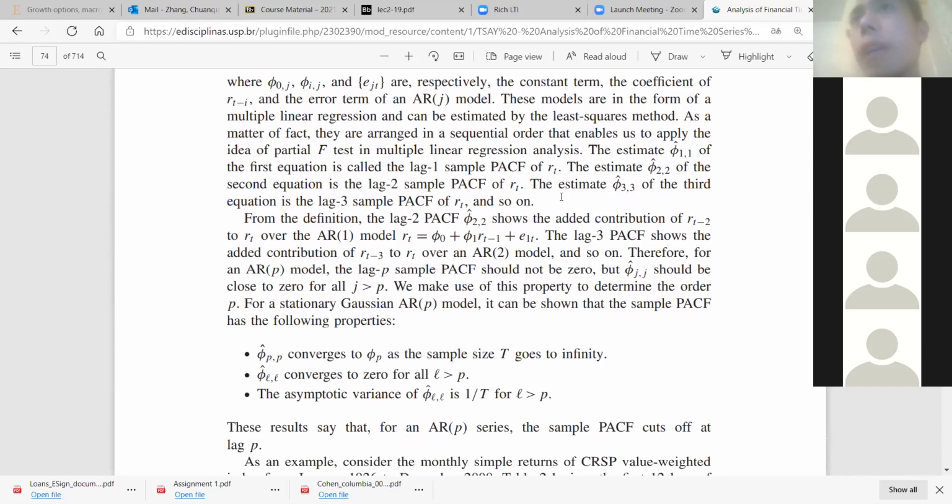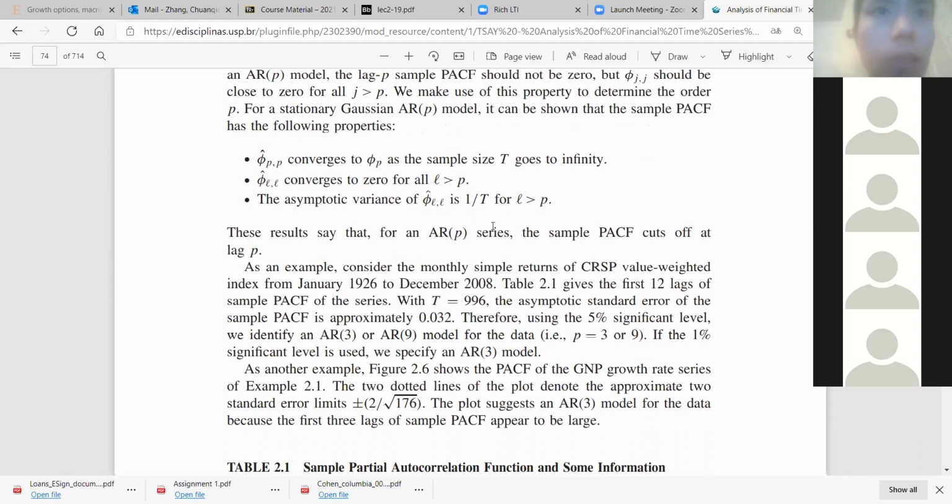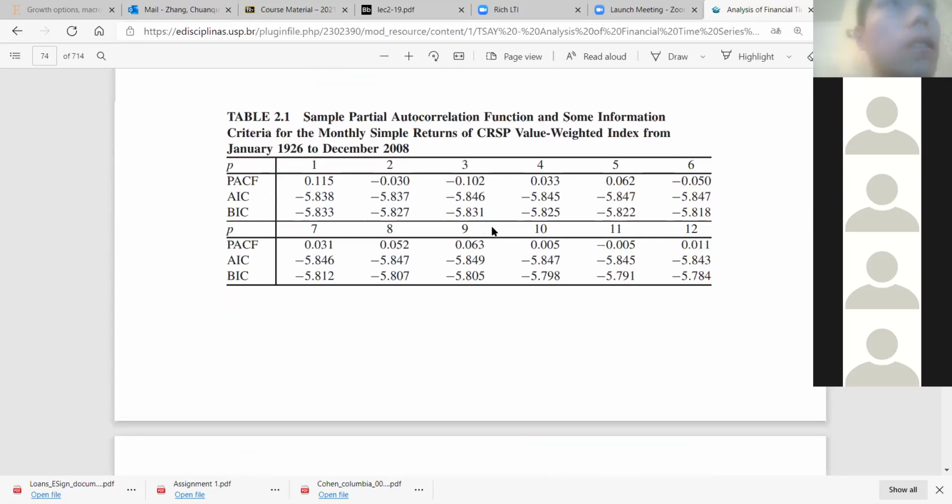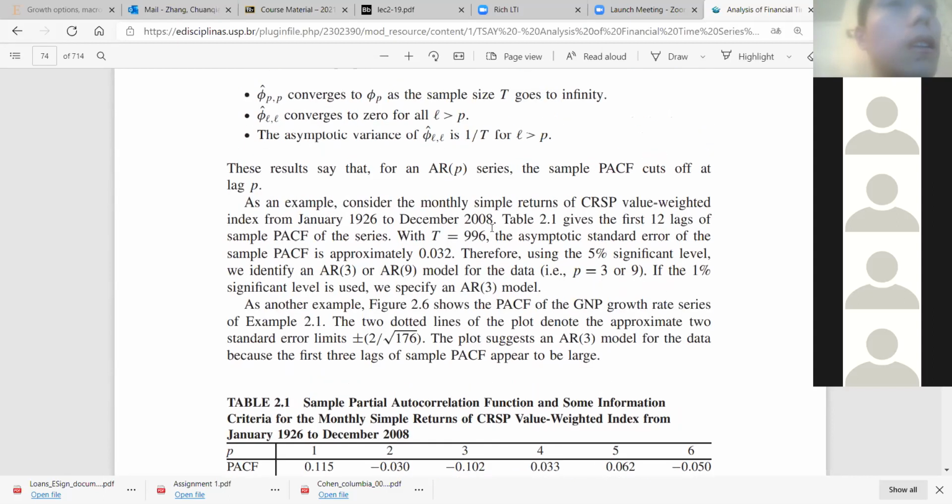So what is the methodology or rationale to select the partial autocorrelation, to select the order of the AR model? We have two methods, okay? It's summarized here, I think.